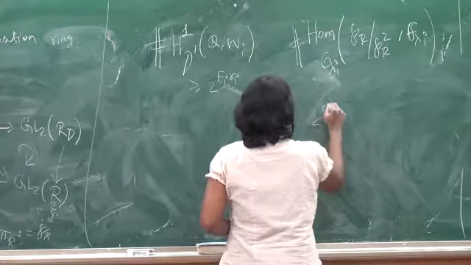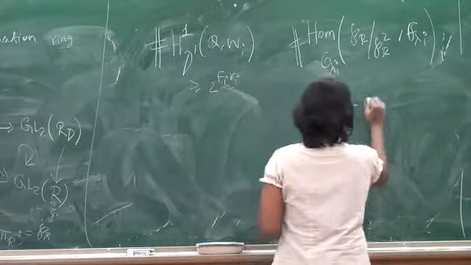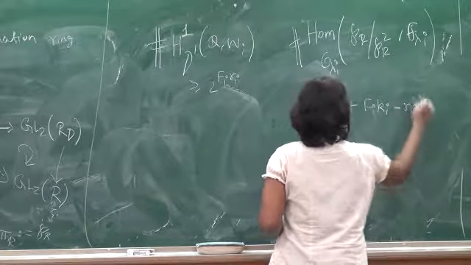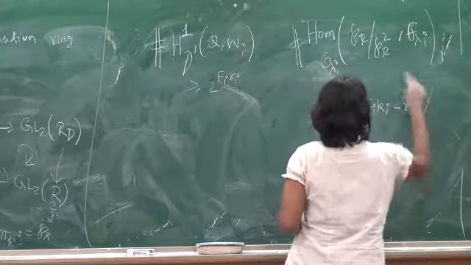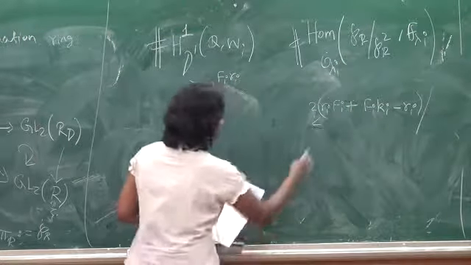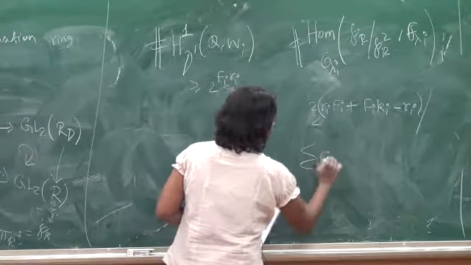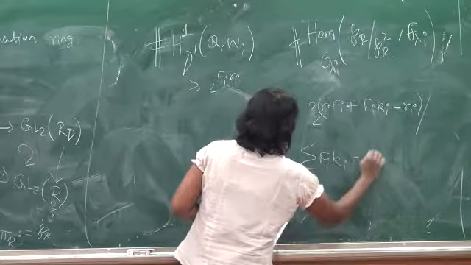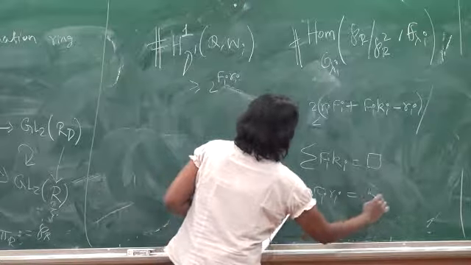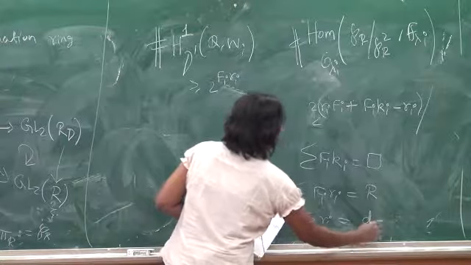So 2 to the power ri fi divides this one, and when I take the summation for all i, the summation of fi ki is that box, and the summation of fi ri is the rank, and the summation of small ri is the dimension d.